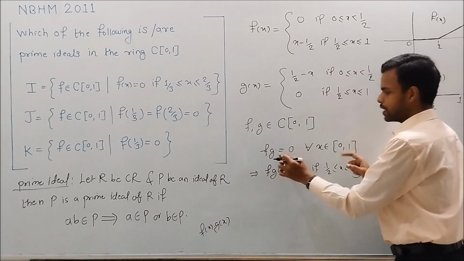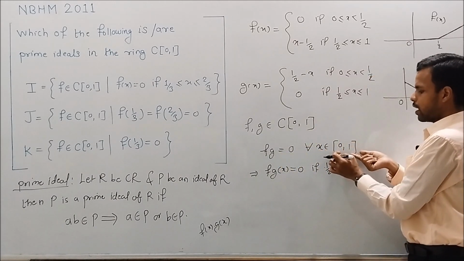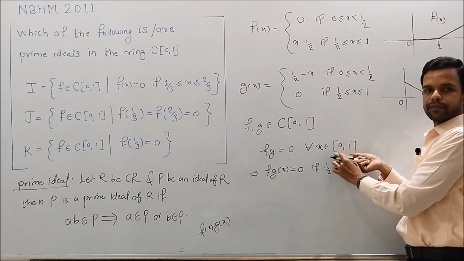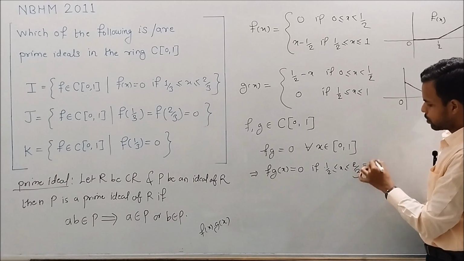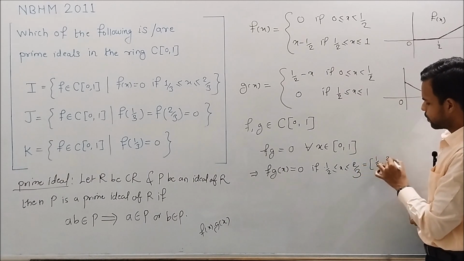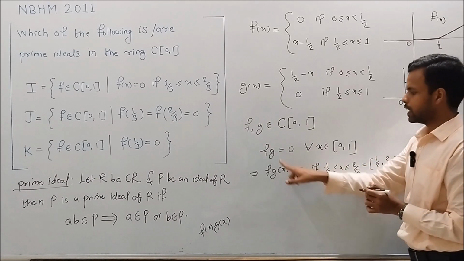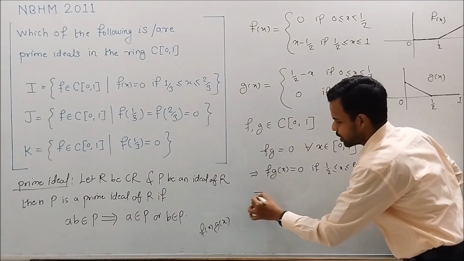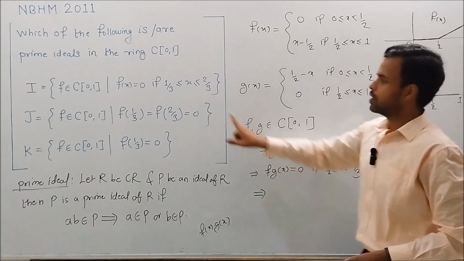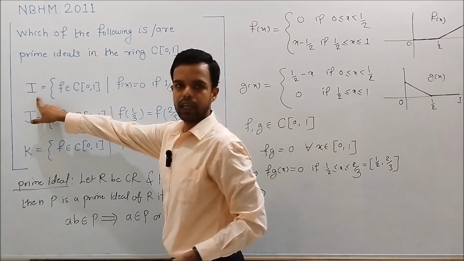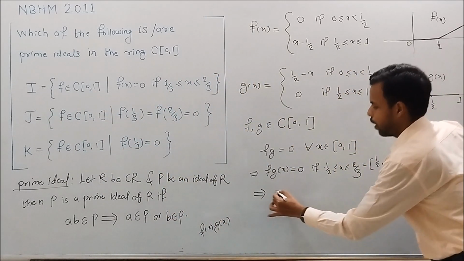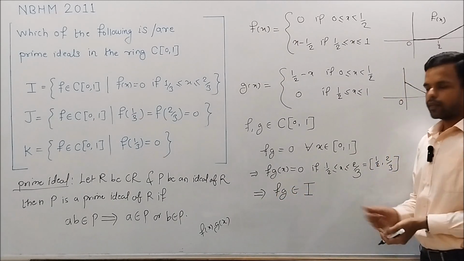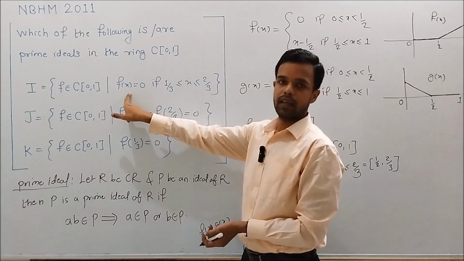So it must satisfy this condition on every sub interval. This is nothing but the sub interval, the closed interval [1/2, 2/3]. So fg satisfies the same condition on this sub interval also. This implies fg satisfies the condition of ideal I, so fg belongs to the ideal I.